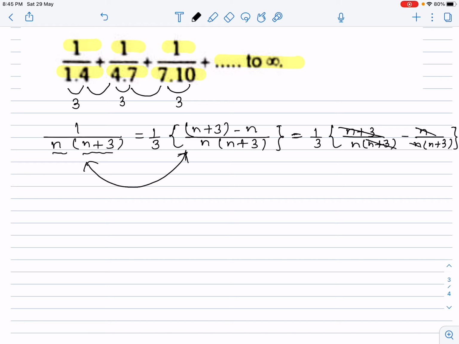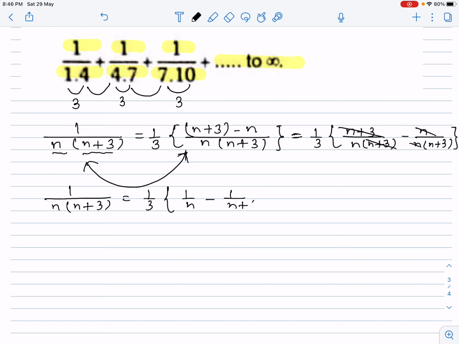So finally, if we have a fraction of form 1 upon n into n plus 3, it can be broken in the format of a difference by writing it like 1 upon 3 multiplied by 1 upon n minus 1 upon n plus 3.